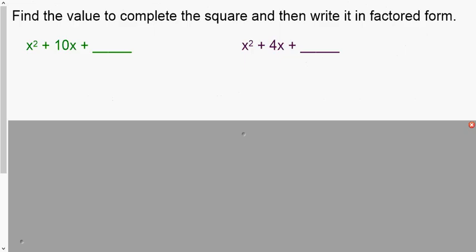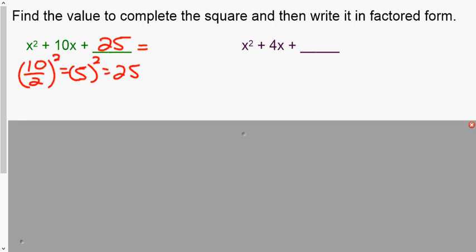Now, find the value to complete the square and then write it in factored form. So the first part, find the perfect c. To fill in the square, you're going to hear me refer to this as the perfect c value. So again, 10 divided by 2 is 5. Squared is 25. So 25 is going to go on the line.